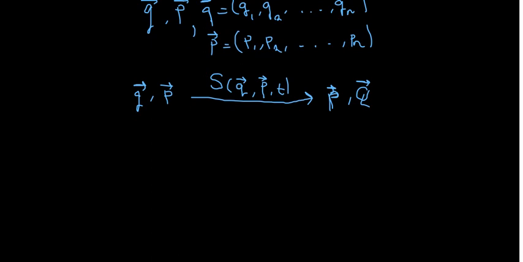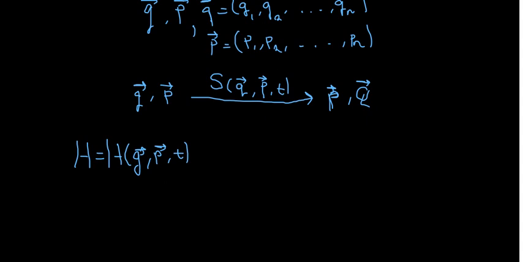Now, I've told you the old Hamiltonian, which is written down as a function of the old canonical variables, q and p and t, right? In general, the Hamiltonian is time dependent. So this Hamiltonian, a lot of times, is not going to be easy to deal with.